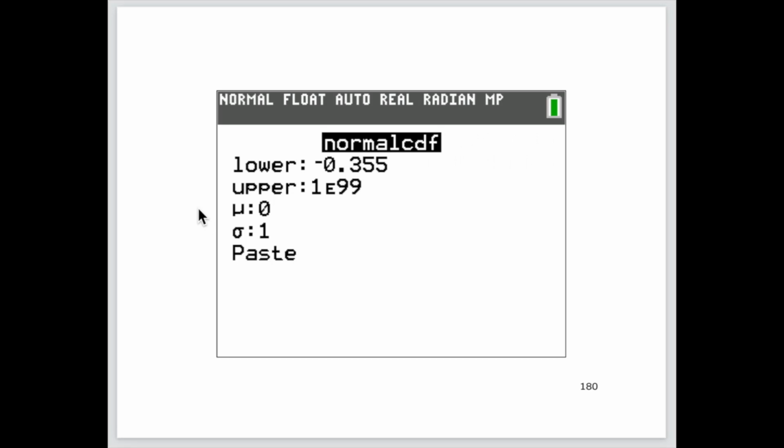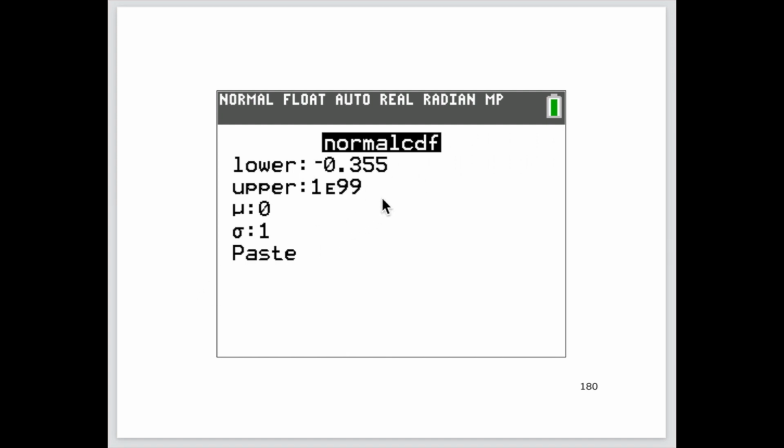You'll recall that the z value that we computed was negative 0.355. Now we rounded that to negative 0.36, but here we want the more exact value, so we won't round it. We'll just use negative 0.355.